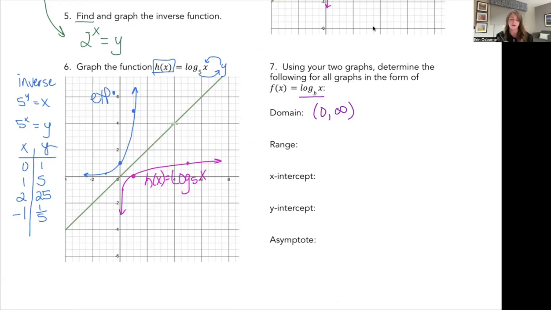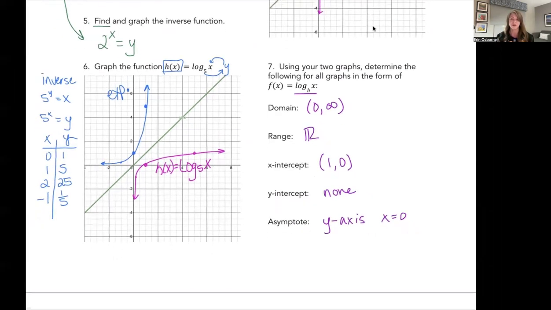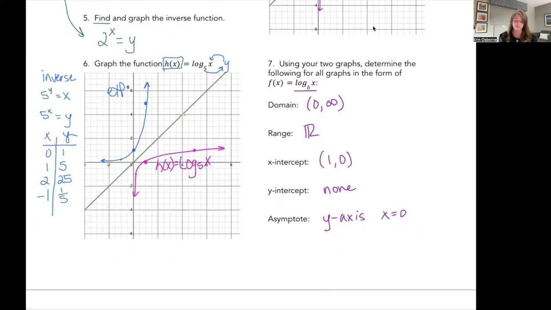The range will be all real numbers or -infinity to infinity. The x-intercept will be 1, 0. There won't be a y-intercept. And the asymptote will be the y-axis or x equals 0. A vertical line that it's getting closer and closer to, but will never cross. Press pause on the video if you need to catch up.